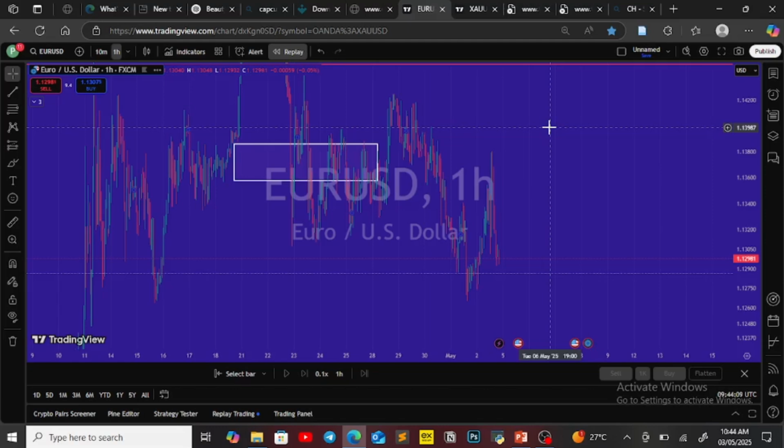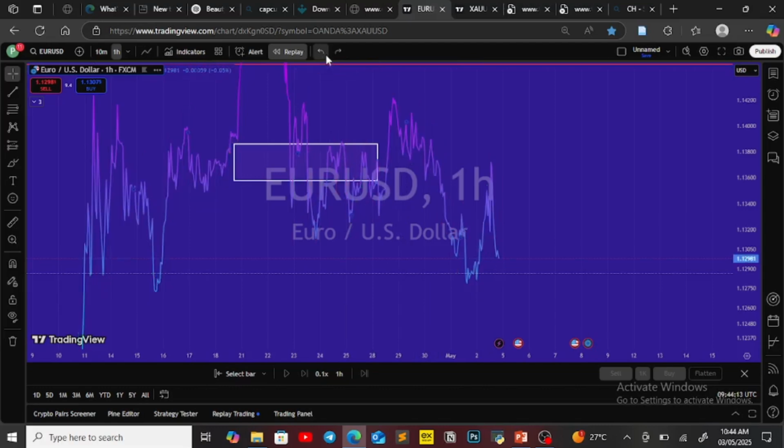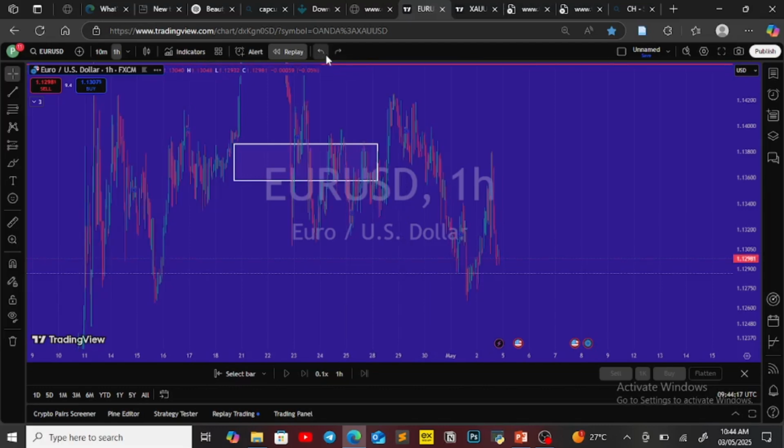This one is just the normal undo and redo of what you've done before. This is the search bar, quick search, and these are settings. This is for full screen mode.